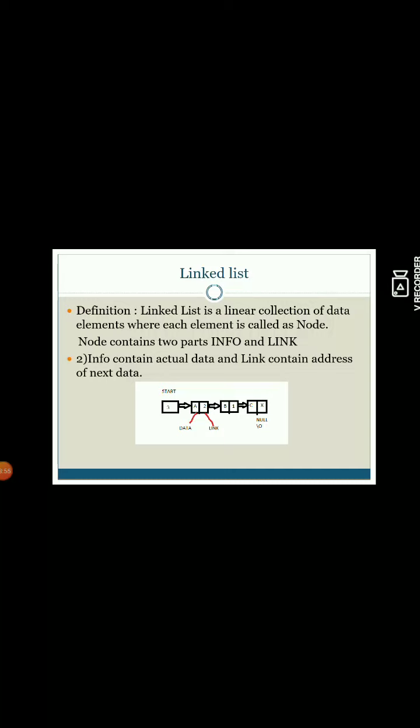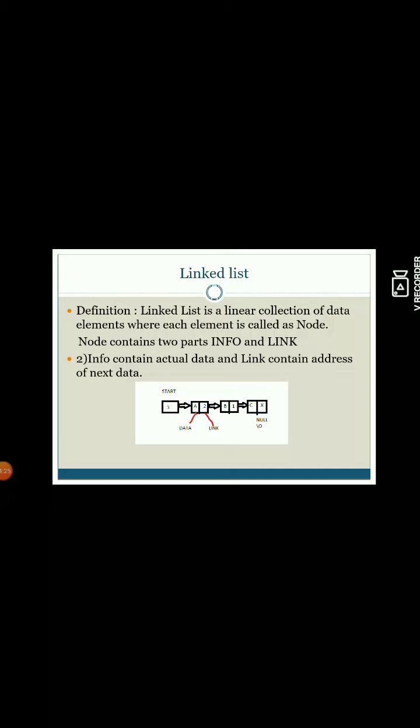Correct? That means in this example, see here clearly, 3 I am not saying as the first node, because as I explained in the previous slide, a node always consists of two parts. That's why that 3 is not my first node.